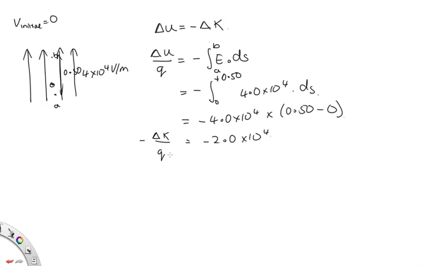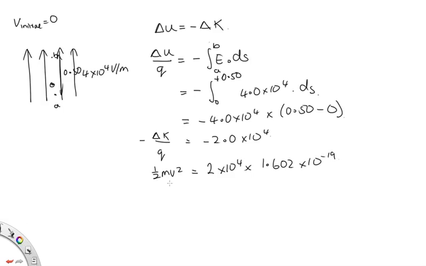kinetic energy on Q. And Q is the charge on the proton. So the change in the kinetic energy, a half mv squared, as it starts from rest so it has no initial kinetic energy, is equal to 2 times 10 to the 4 times this charge, which is 1.602 times 10 to the minus 19.